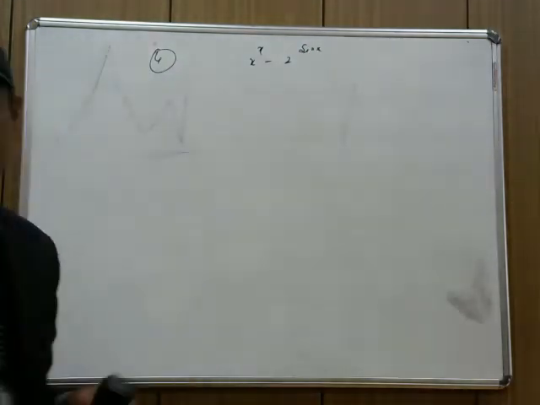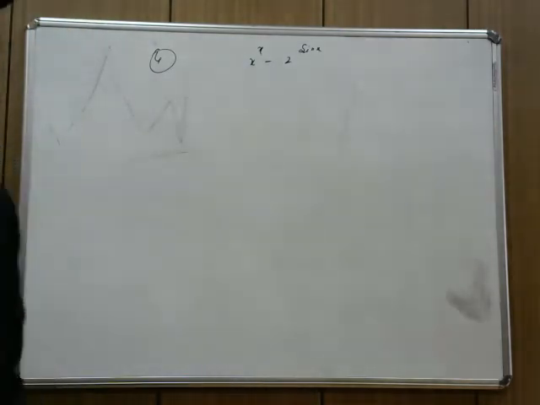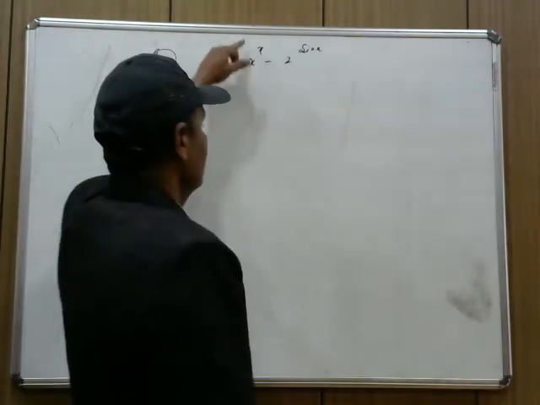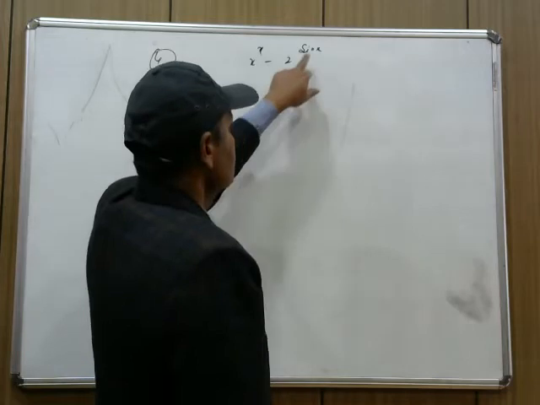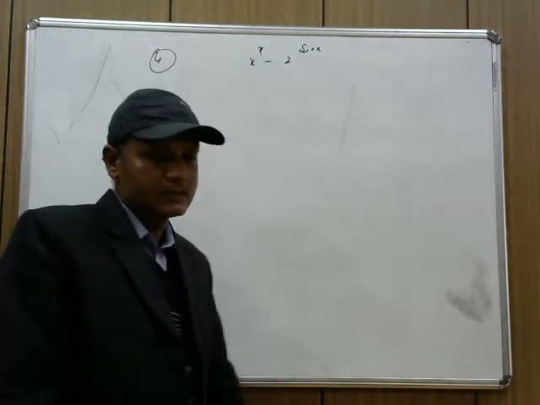Here there are two functions, variable on variable, constant and power is variable. That's why we cannot differentiate easily.